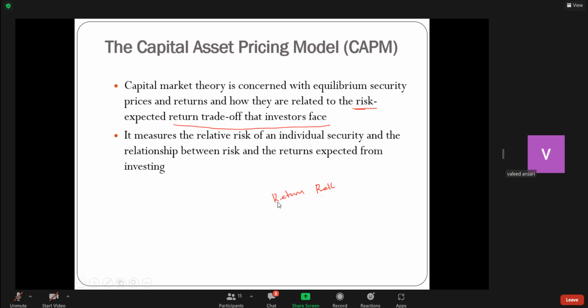You should tolerate high risk. This is linear: the higher the risk, the more the return, and the lower the risk, the lower the return. This is important not only from the viewpoint of investing, but, as I told you just now, for the evaluation of performance as well.